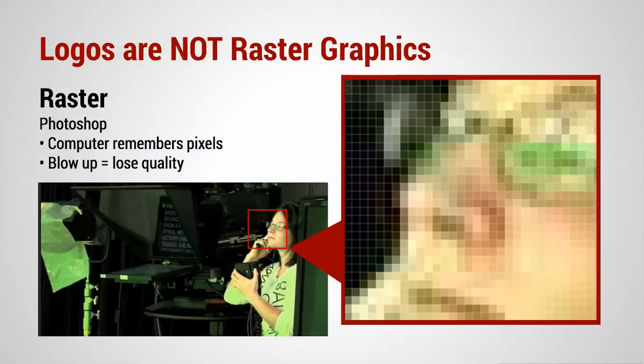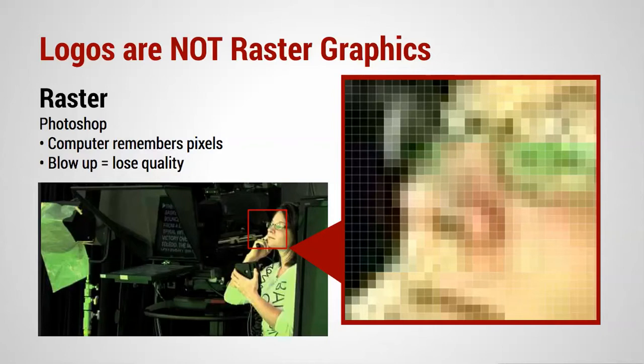So let's look at raster very quickly. Logos, again, are not raster graphics, and we have a photo here on the left. If I zoom in, I can actually see the pixels that make up this photo. And a photo has a set number of pixels. That means if you blow a photo up, you're really just making the pixels bigger.